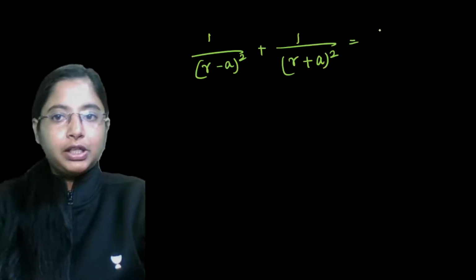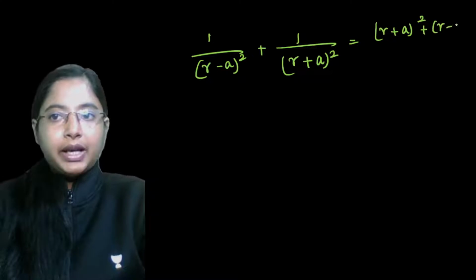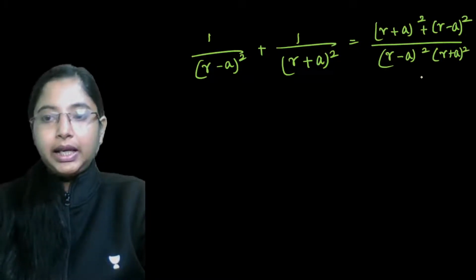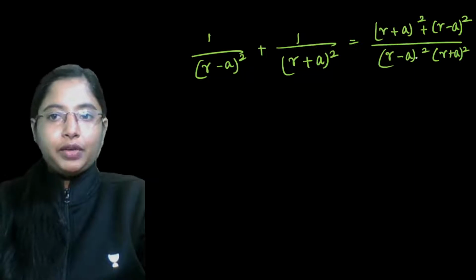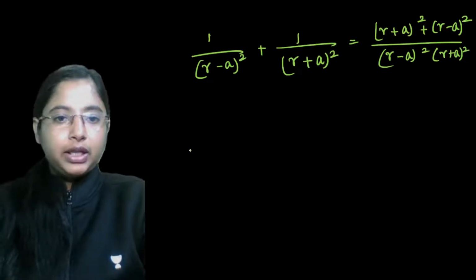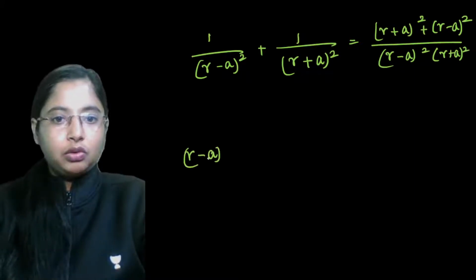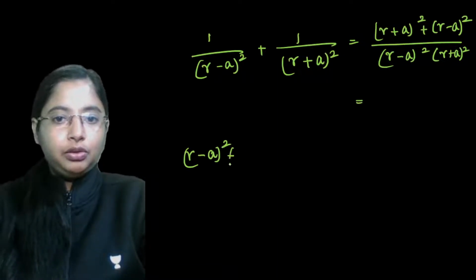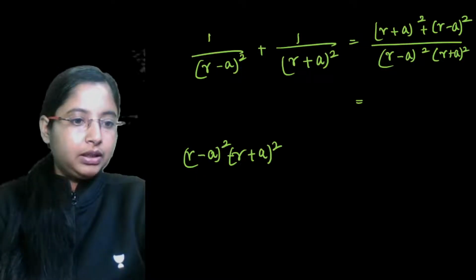Here we are going to cross multiply. We'll get (R plus A) the whole square plus (R minus A) the whole square, whole divided by (R minus A) the whole square into (R plus A) the whole square. Let's look at the denominator. For a moment let's forget the square terms.